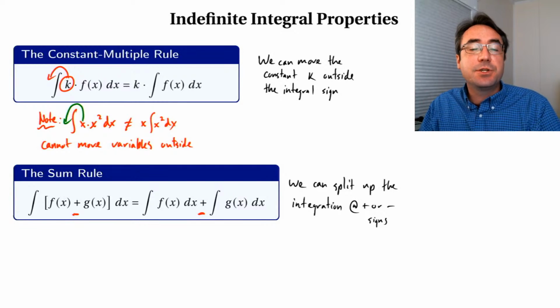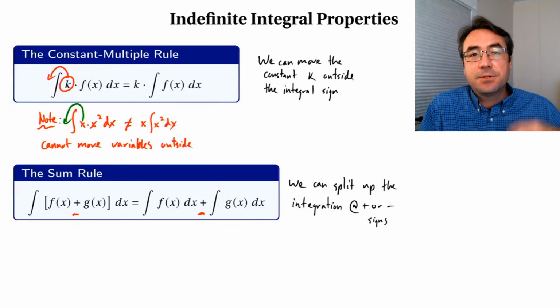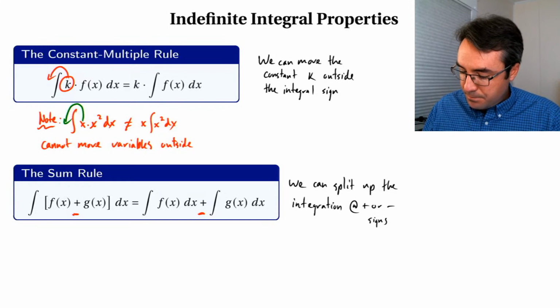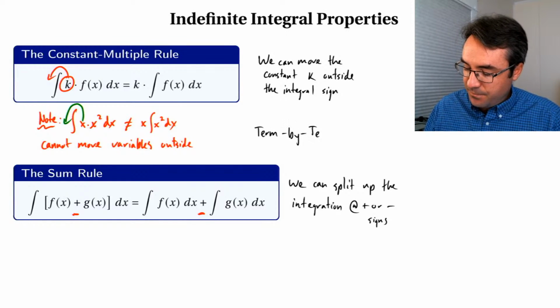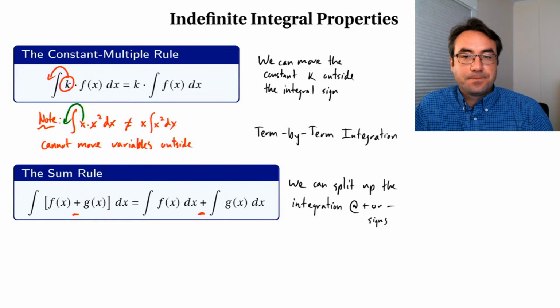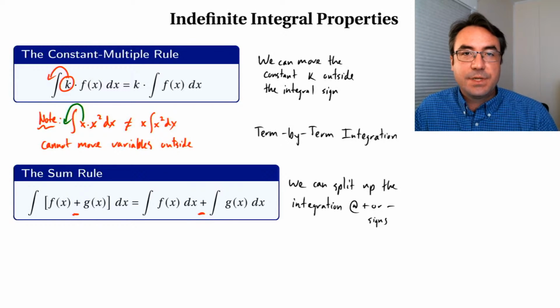So wherever we have addition or subtraction, we can split up our integration. And so taking these two rules together will give us a technique which we'll use, and we did something very similar when it came to differentiation. We're going to call it term-by-term integration. And we'll see that in the examples coming up.